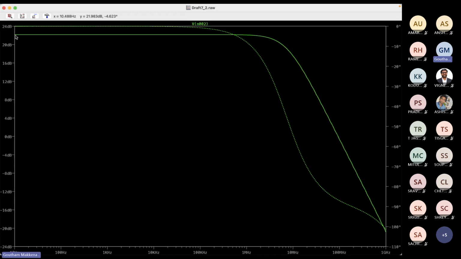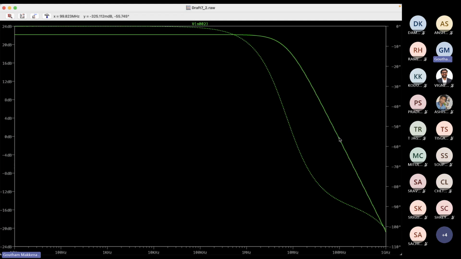The DC gain is around 22 dB and the unity gain frequency is at 100 megahertz. What is happening at 100 megahertz? It is much better. Previously, it was minus 0.5 dB. Now see, because GM increased, the unity gain frequency is GM by CL, right? CL is a constant.